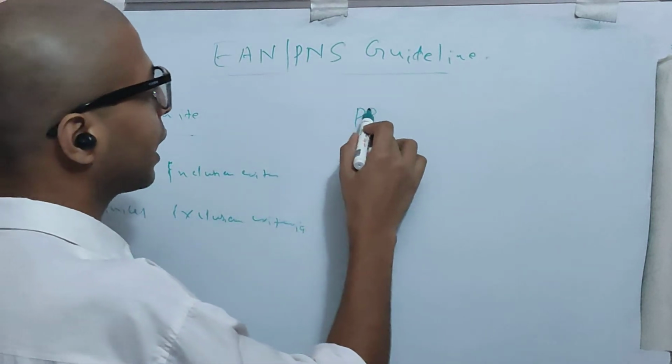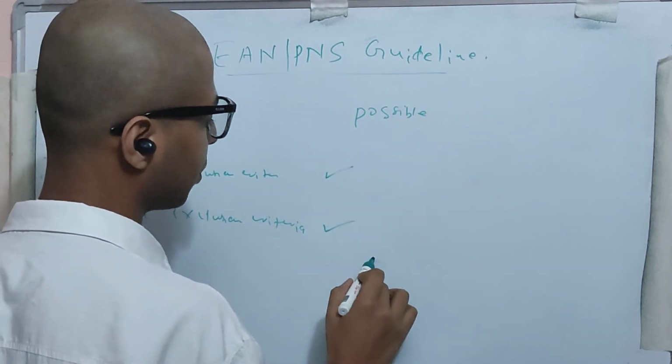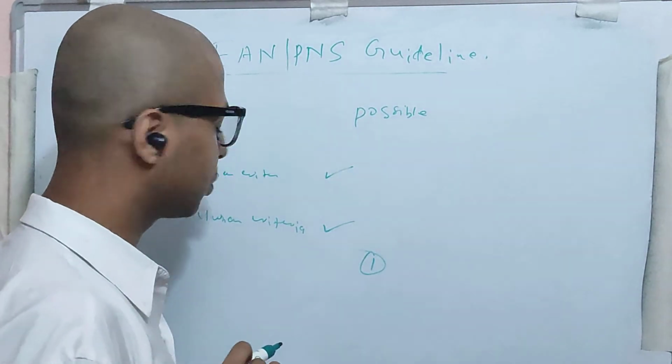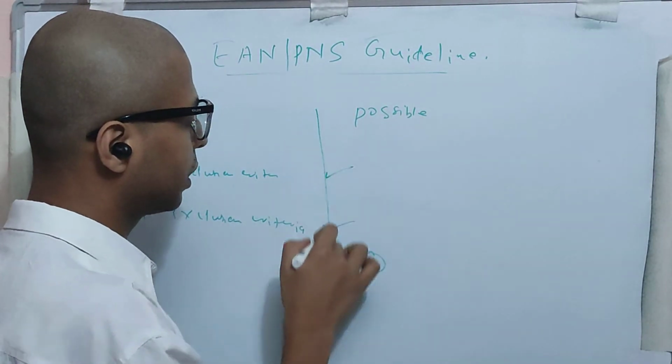For possible CIDP, you have to fulfill the inclusion and exclusion criteria, but if you see electrophysiological involvement in only one nerve, then that is possible CIDP.